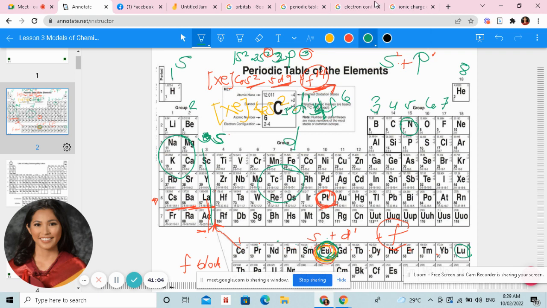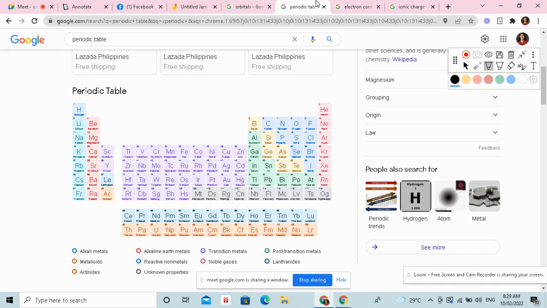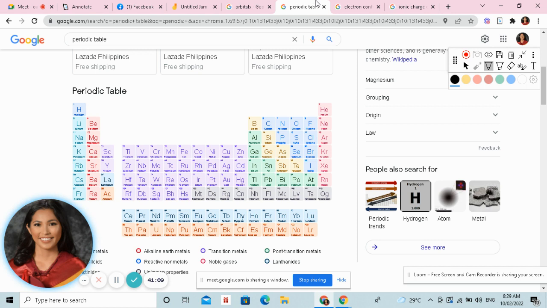Wait sa periodic table. 1. Di siya masulod man. Pilay atomic number sa lanthanum?